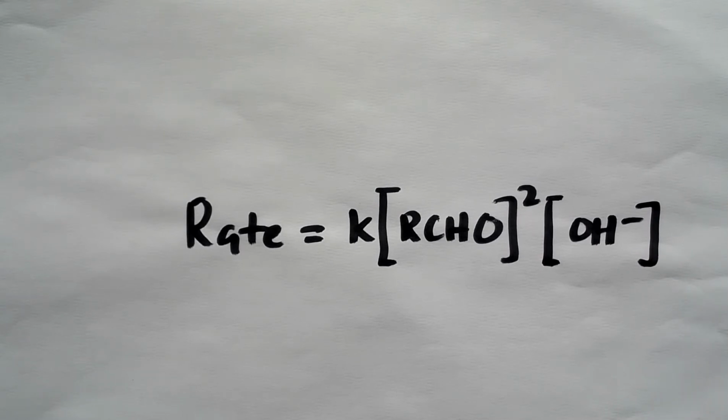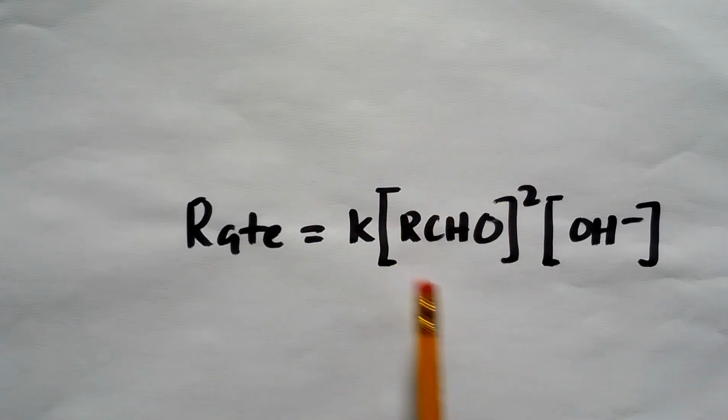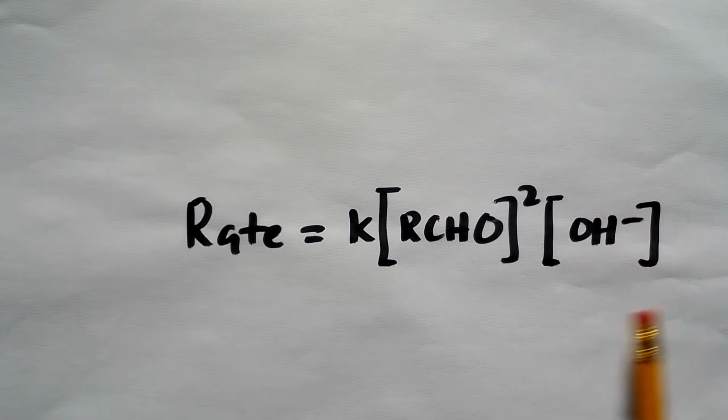In terms of the general interpretation of rate laws, the rate law tells us the kind of species, the number of species involved in the rate determining step. So if this is the rate law for this reaction, we expect that in the rate determining step we should have two molecules of aldehyde and an ion of hydroxide.